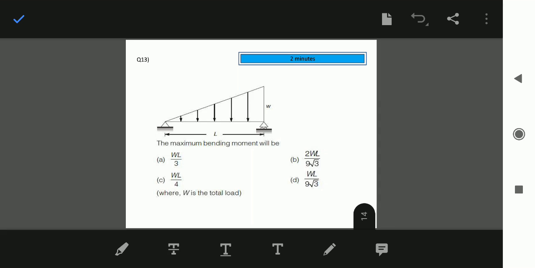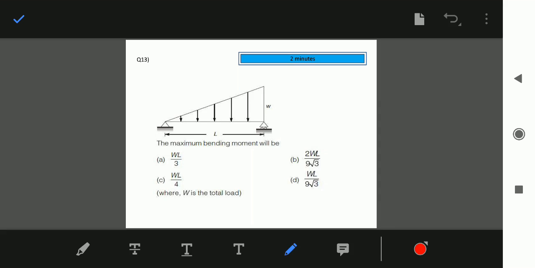See here, first of all the loading pattern is triangular. Okay, so when the loading pattern is triangular we have to give a load which will pass through the center of gravity of this loading pattern.